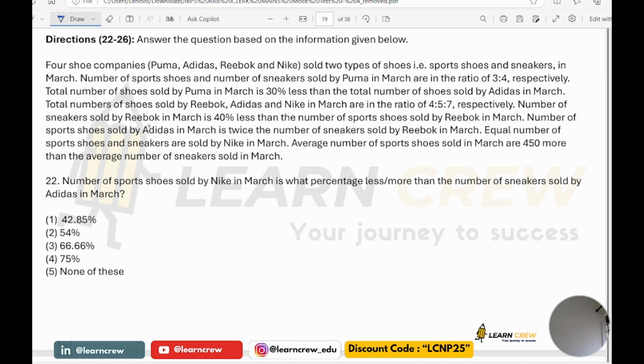Number of sneakers sold by Reebok is 40% less than number of sports shoes sold by Reebok. Number of sports shoes sold by Adidas is twice the number of sneakers sold by Reebok. Equal number of sports shoes and sneakers are sold by Nike. Average number of sports shoes sold in March is 450 more than average number of sneakers sold in March.